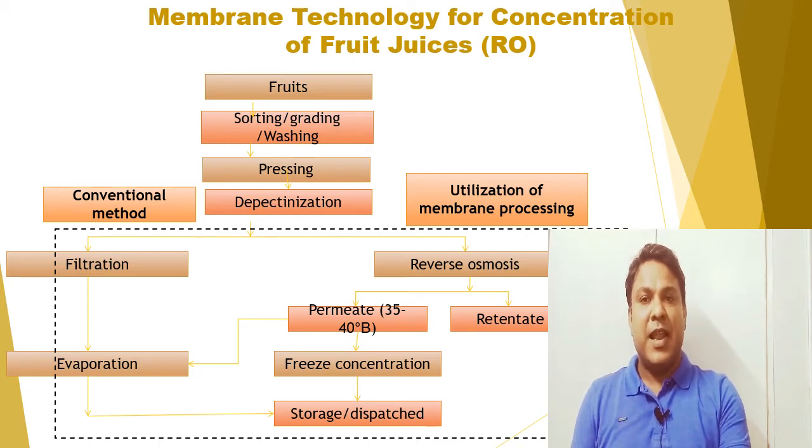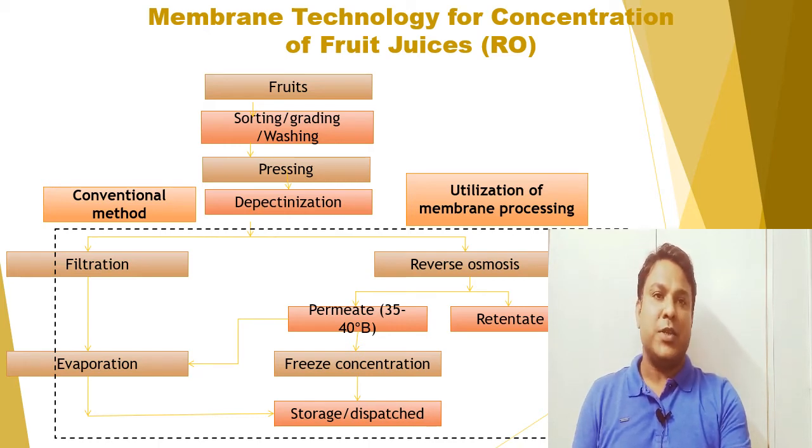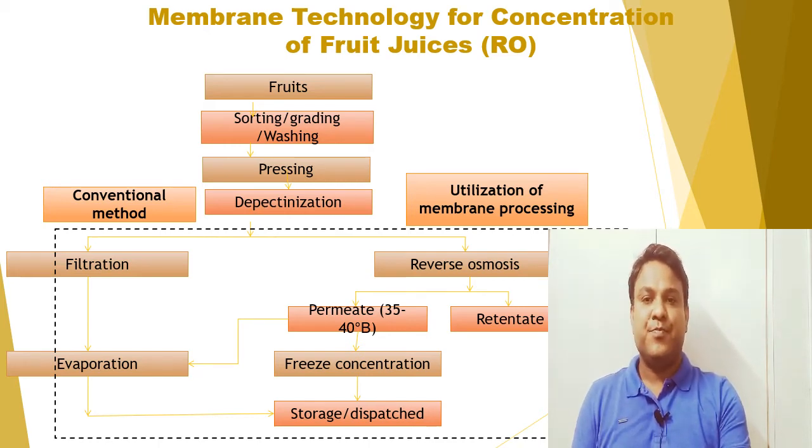So if we analyze this membrane schematic diagram, we see separation of juice from fruit as a conventional method, where we use sorting, grading, pressing, depectination, conventional filtration as well as evaporation, which go further to storage and packaging.